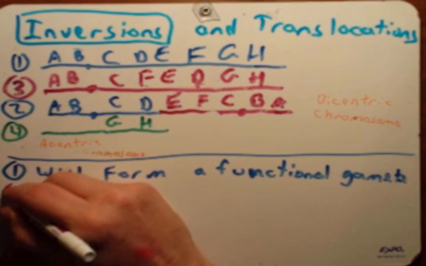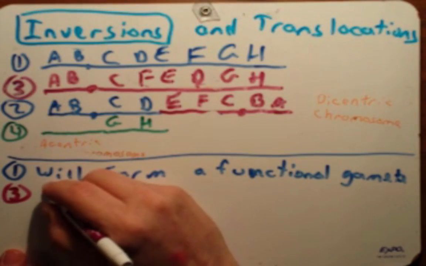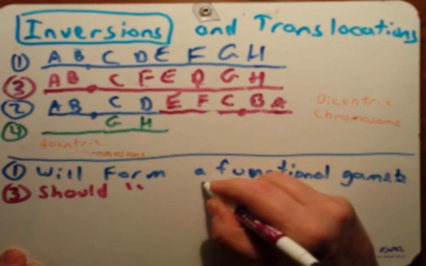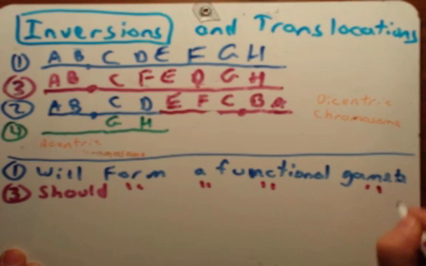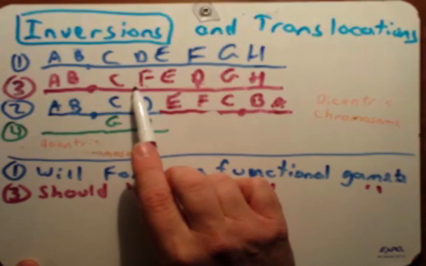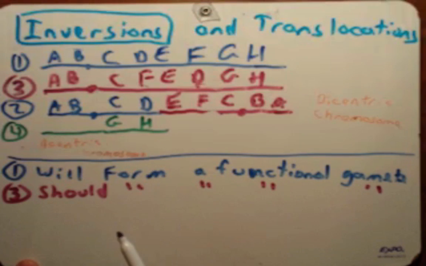This one that I have as number 3 should form a functional gamete. The reason that I say should is because we don't know for sure if that inversion has caused a position effect, or if it's disrupted one of the promoters, or if it cut in the middle of a gene. We don't know all that yet. But in general, this inverted chromosome should not cause a problem.